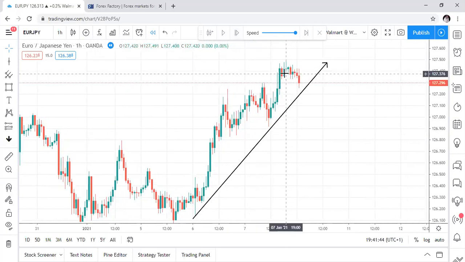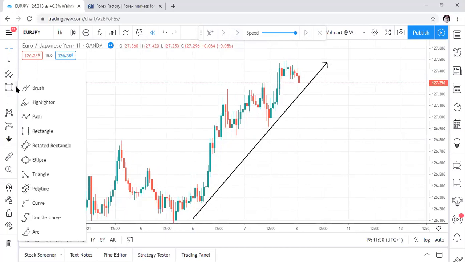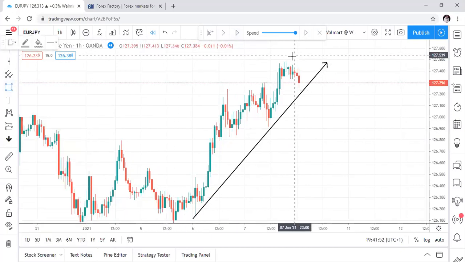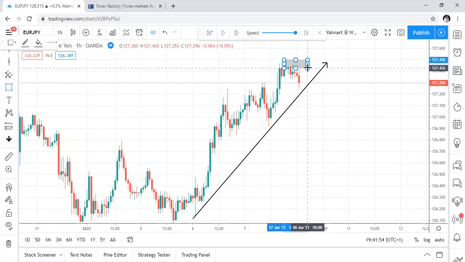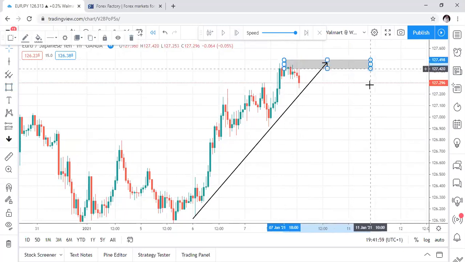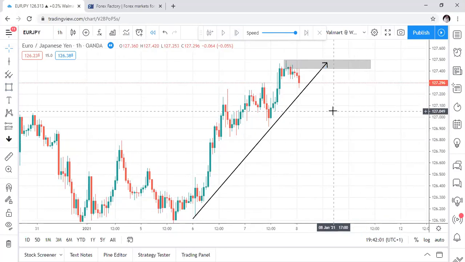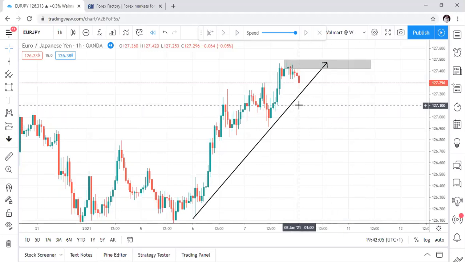Now I've got my source, my source pattern, my first pattern here. This is how to use aggressive trading to get the first entry.